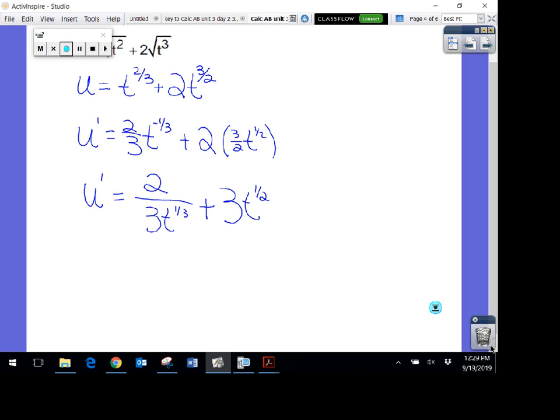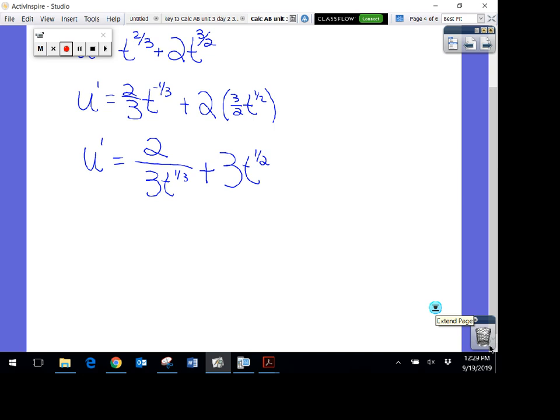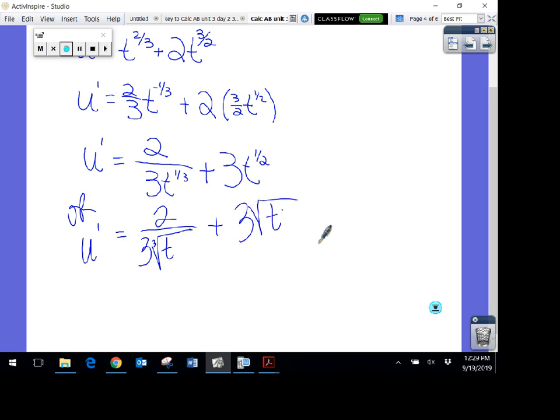Or if you would rather put it back in radical form, that could be the case. So we could say, or, 2/3, the power is 1, the root is 3, plus 3 root t. Either one of those would be acceptable.